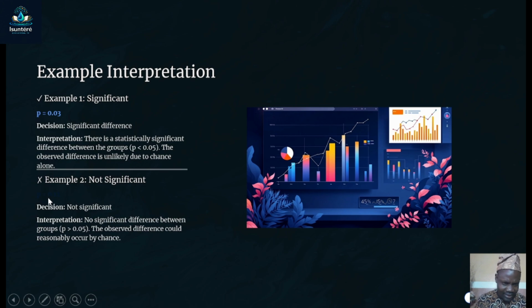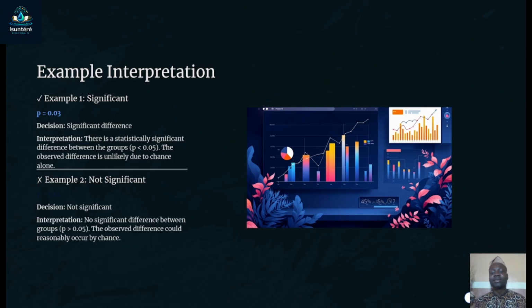The decision is that it is not significant. I will just say no significant difference between the groups, p greater than 0.05. The observed difference could reasonably occur by chance. So that is the simple way to do t-test analysis.